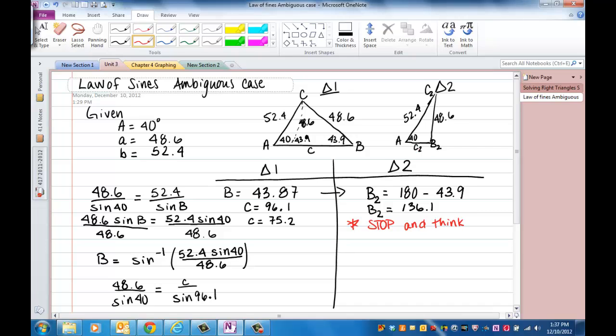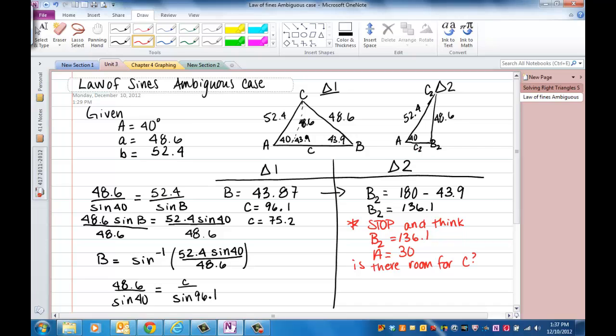With your new B2, with B2 equaling 136.1, and your given angle A, because that's not going to change, equaling 30, is there room for angle C?